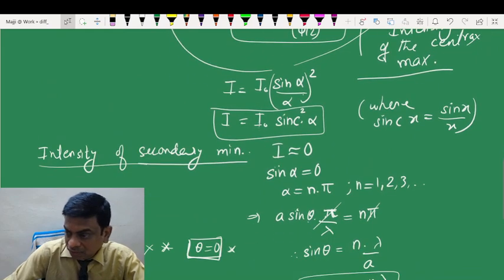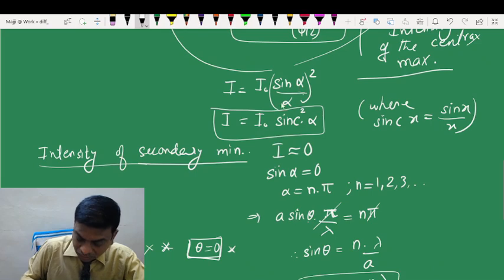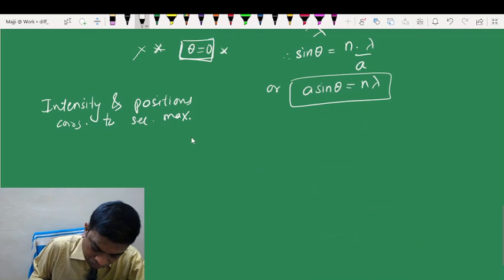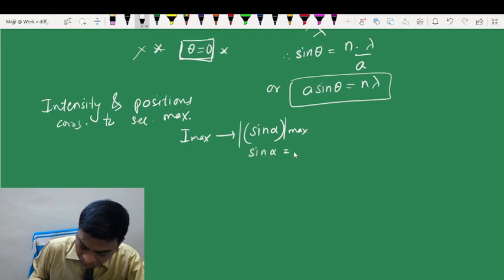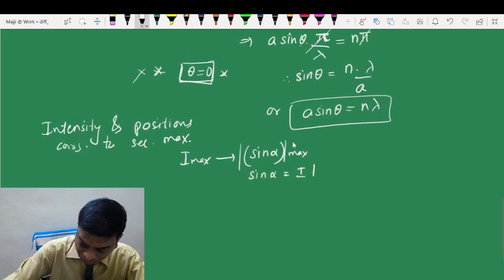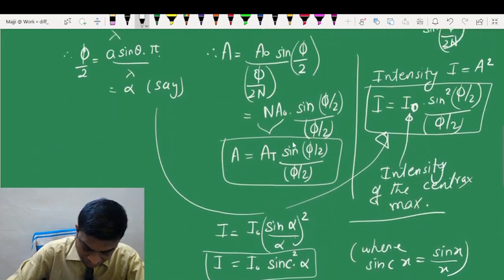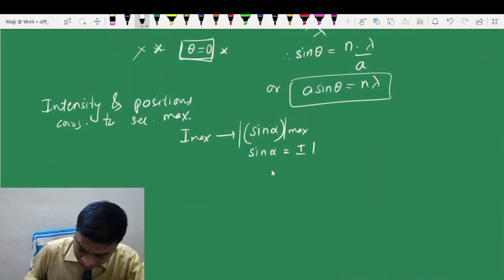Can you see, students? So here sine alpha should be maximum. Intensity should be maximum means mod of sine alpha should be maximum, so sine alpha could be plus or minus 1. When do we have sine alpha equal to plus or minus 1? When alpha is an odd multiple of pi by 2.